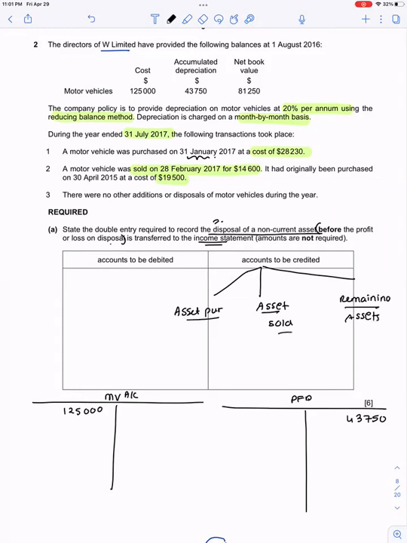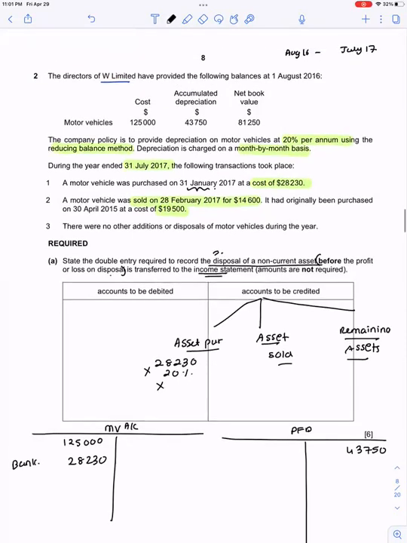What is the asset that you have purchased? 28,230. So on 28,230, you will charge depreciation directly at 20% for how many months? January month we are not using. 6 months: February, March, April, May, June and July.